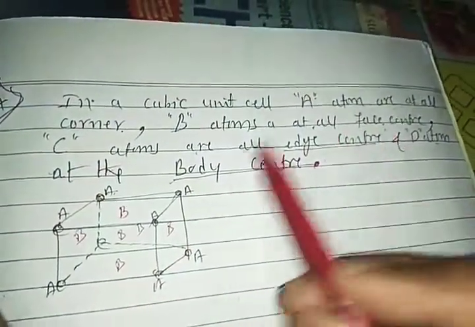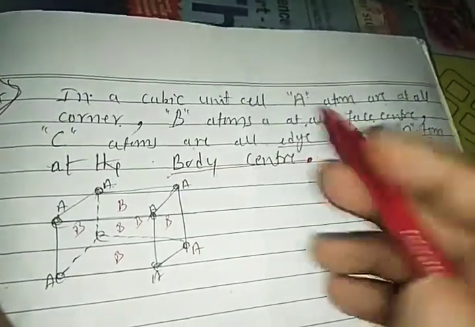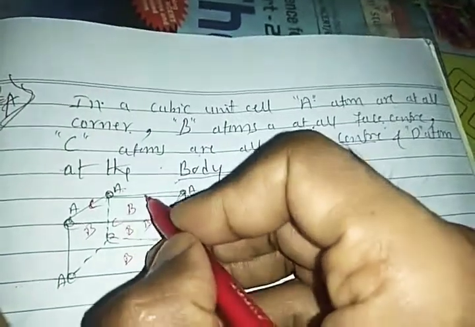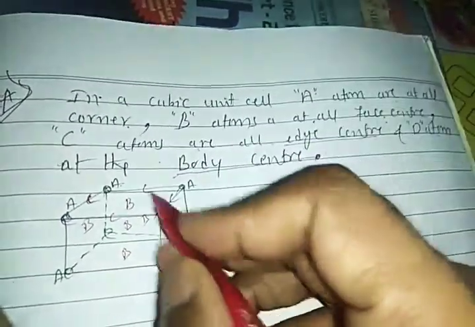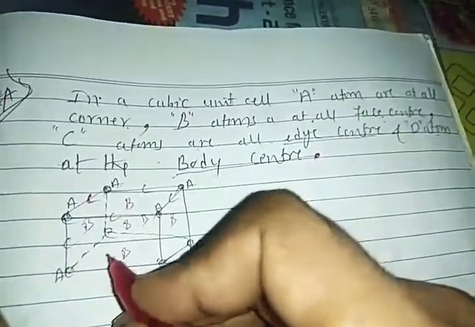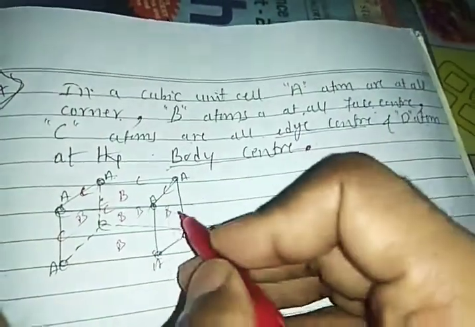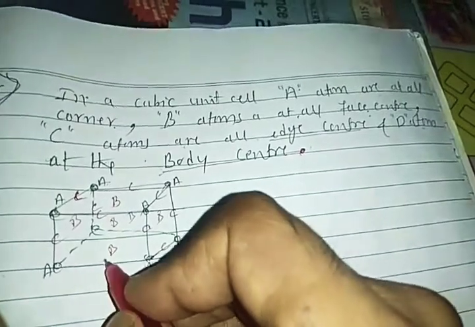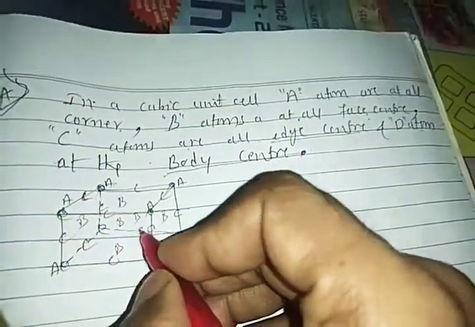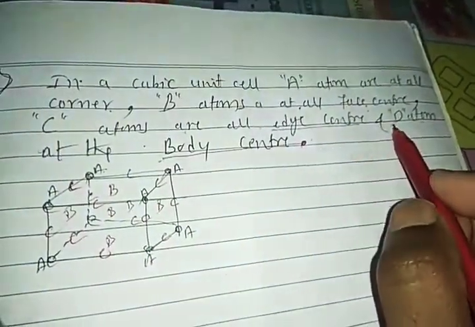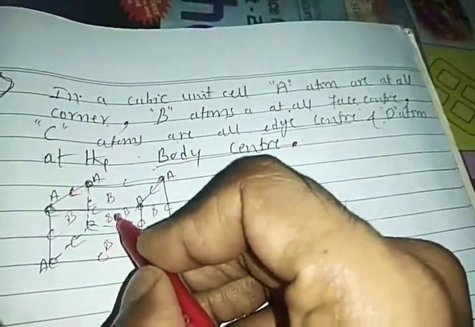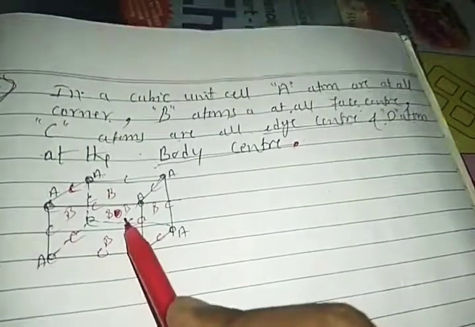C atoms at the edge center; each edge I will write here C. So how many? 4, 5, 6, 7, 8, 9, 10, 11, 12. D atom at the body center; this dot portion is D.